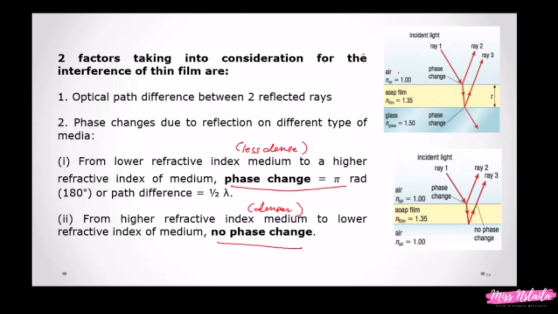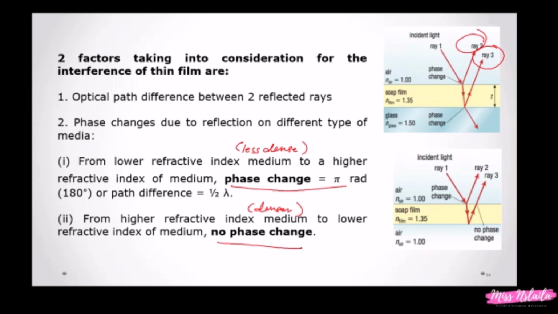There are three media: air, soap film and also glass. The incident light, or ray 1, will be incident on this surface. Some of the light will refract into the soap film, while some of the light will be reflected from it to produce reflected ray 2. The light that refracts into the soap film will then refract into glass, while some of the light will be reflected, which is ray 3.